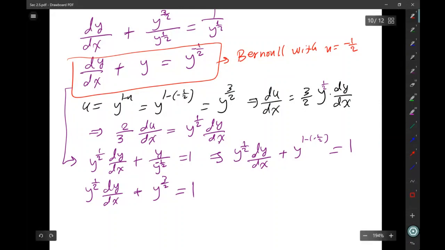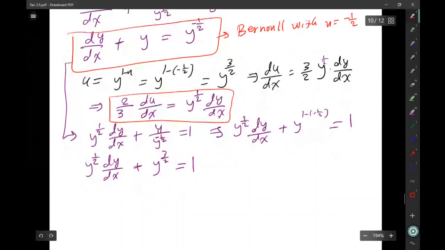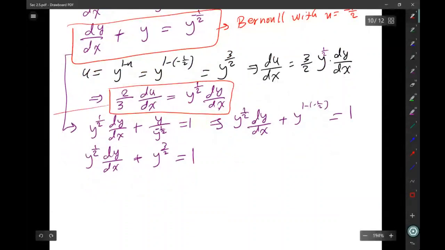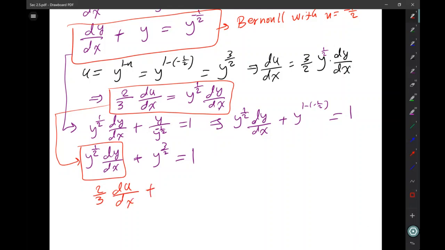But you have here y to the power half dy by dx is equal to 2 by 3 du by dx. So replace it. This becomes 2 by 3 du by dx plus y to the power 3 by 2, which is already u, is equal to 1.